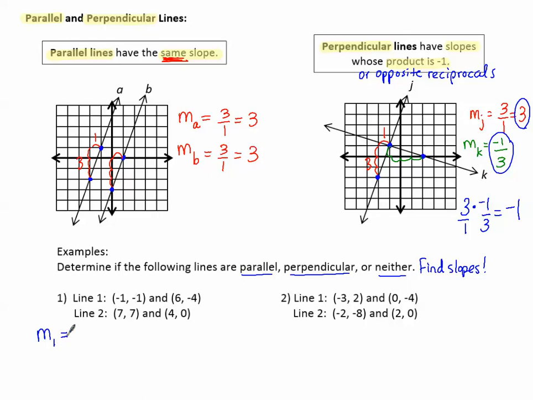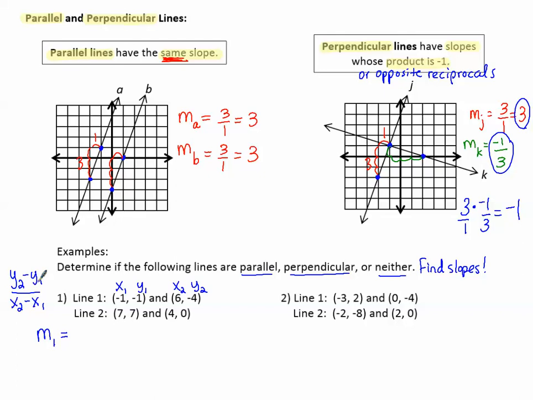Now I'm going to use my slope formula. Let's recall that it's y sub 2 minus y sub 1 over x sub 2 minus x sub 1. X and y is how we label the points. This is my first point, and this is my second point, just because it comes in those orders. It doesn't really matter which point we call 1 and which point we call 2, as long as both of these coordinates are at the same point.